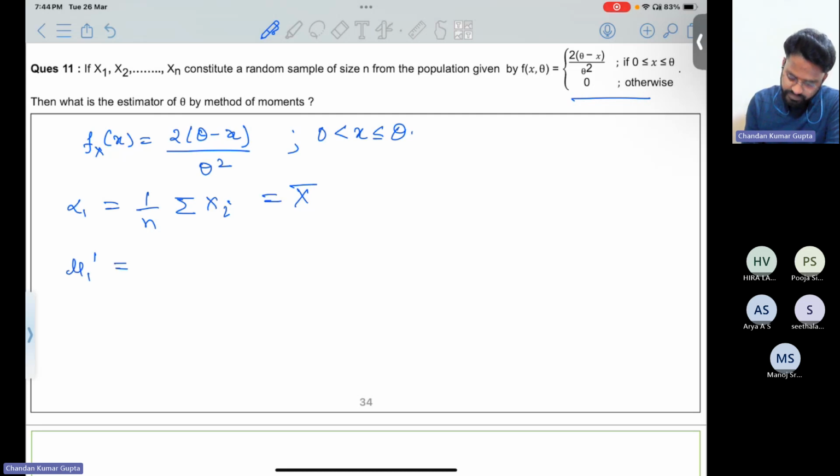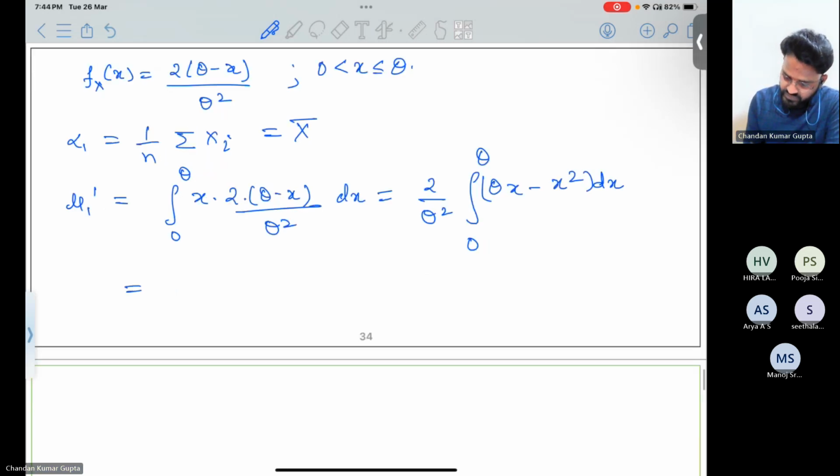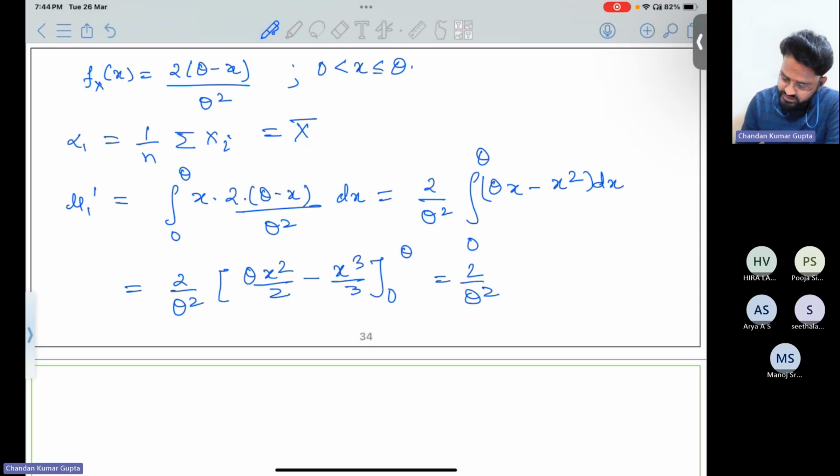Now mu1 dash, that is the integral over 0 to theta of x into 2 into theta minus x upon theta square dx, which is 2 upon theta square integral over 0 to theta of x theta minus x square dx, which is equal to 2 upon theta square, theta x square upon 2 minus x cube upon 3 from 0 to theta, which is equal to 2 upon theta square.